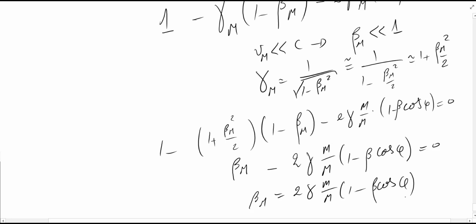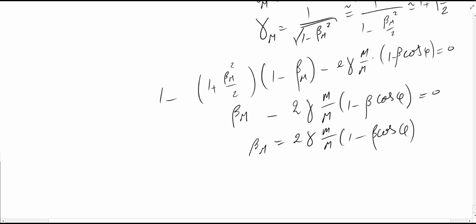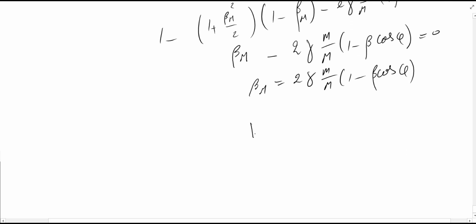So is there a way for beta m to be 0? I mean, for Vm to be 0. If Vm is 0, that means beta m is 0. That means 1 minus beta, which is V over C, cosine of phi is 0, which means that if I move this to the other side, V is equal to C over cosine of phi.